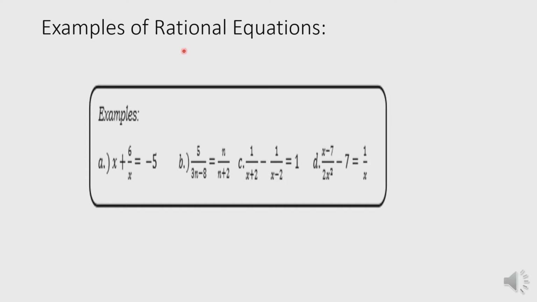Can you see now what the examples of rational equations are, and can you easily identify if an equation is rational or not? Of course, yes. As I said, it's an equation with at least one fractional form.